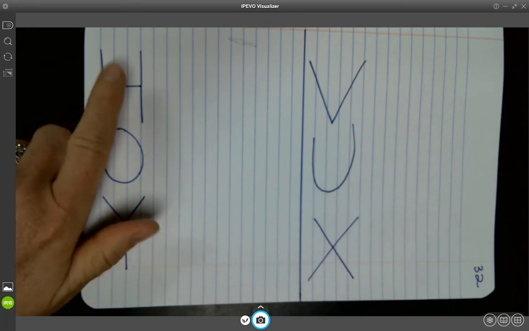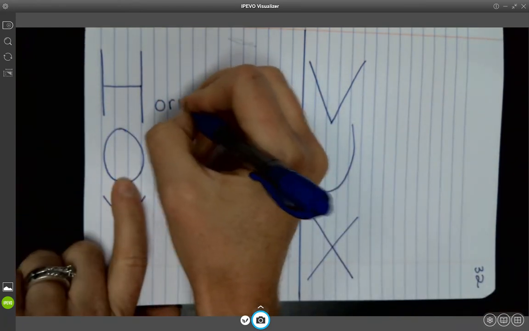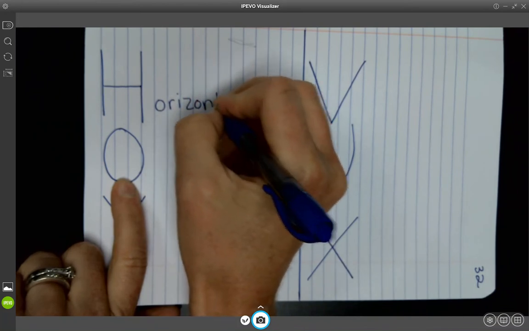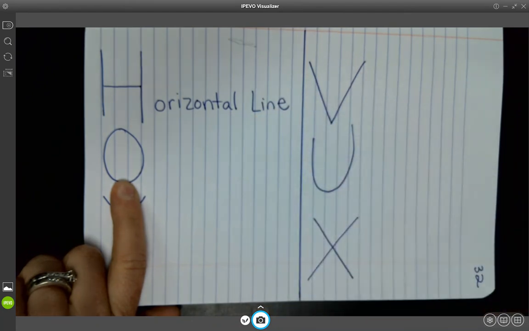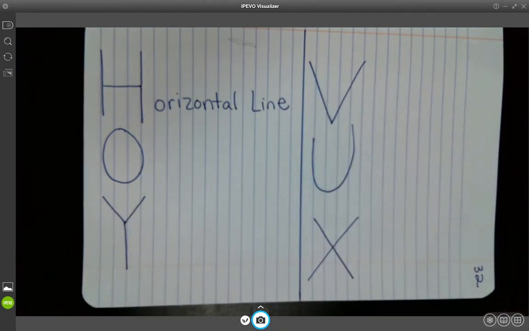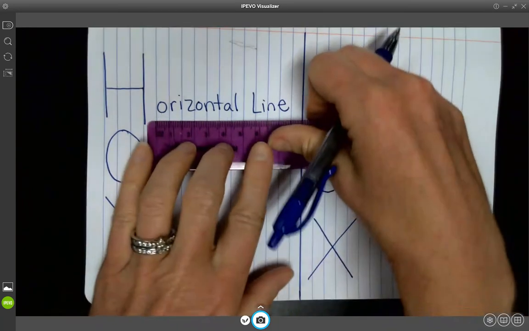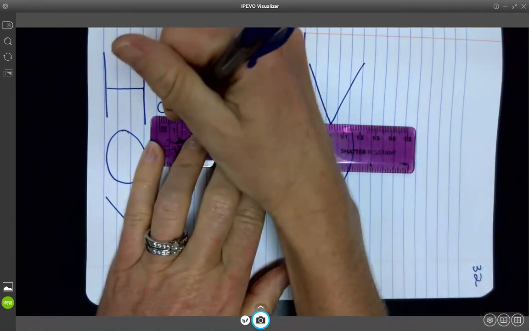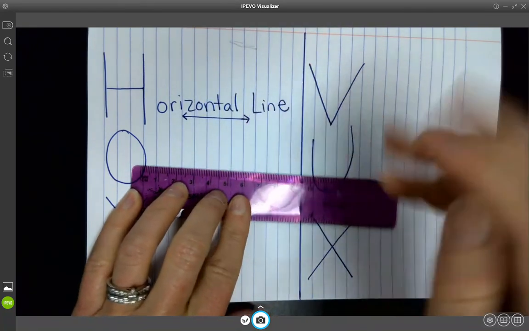H stands for horizontal line. Think about what a horizontal line looks like. Go ahead and draw a little one. It's a flat slope.